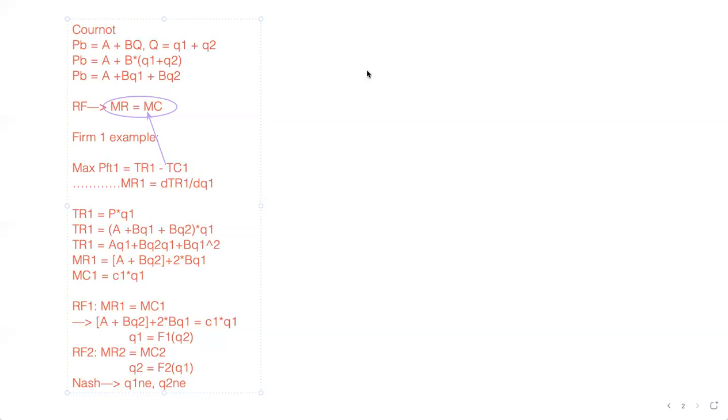go ahead and do that. I substitute the reaction function of firm two into the reaction function for firm one. And then I would have one expression, and maybe I can do something down here at the bottom in red.